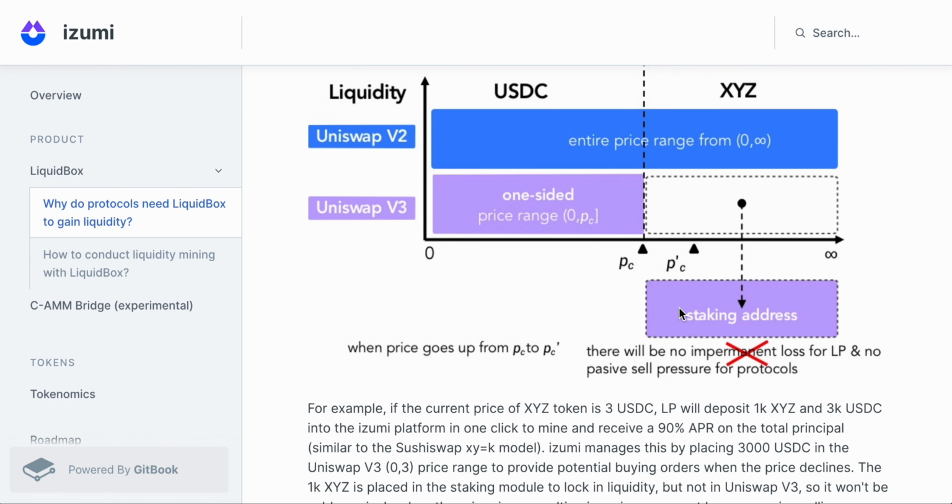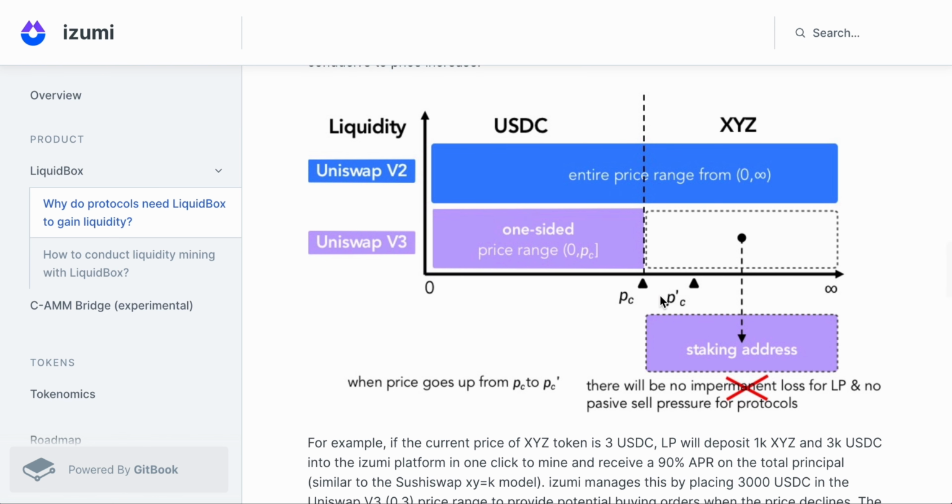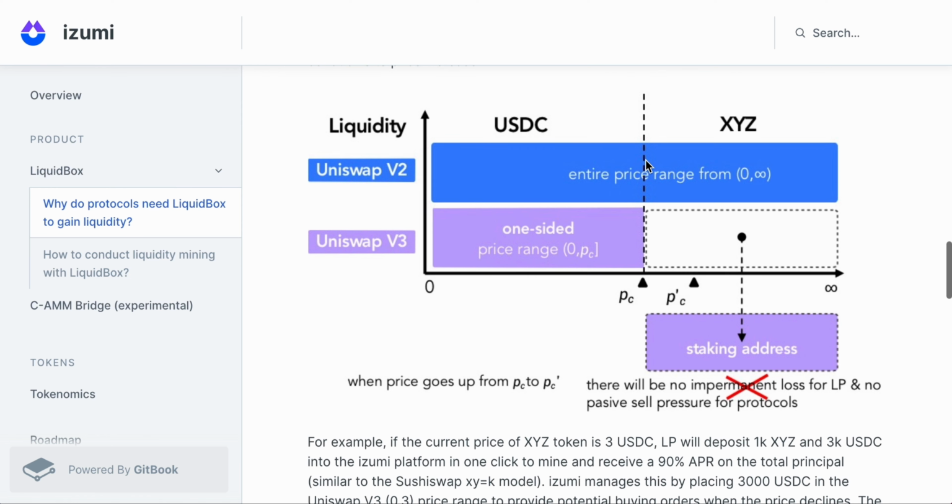And then when the price fluctuates, in Uniswap V2, when the price rises, more XYZ token needs to be converted into USDC. So impermanent loss will occur at this time because the number of XYZ tokens of users decreases. However, in the one-side model, when the price rises, all XYZ tokens are locked in the staking pool.